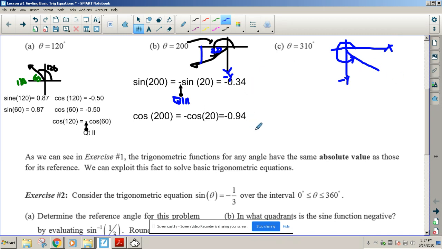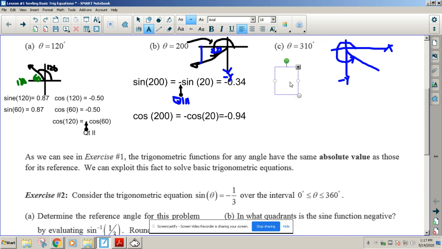So sine is going to be negative, whereas cosine is going to be positive. Just like on example 1, when we landed in sine's quadrant, sine was positive where cosine was negative. In B, we landed in tangent's quadrant, making both sine and cosine negative. But now we're in C, where again, y is negative, so sine is negative, x is positive, that makes cosine positive. So let's take a look at what we get with this one.